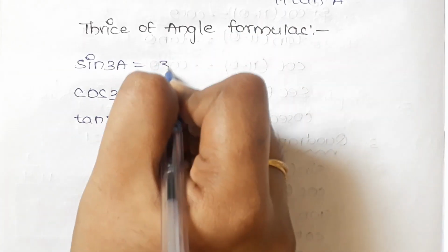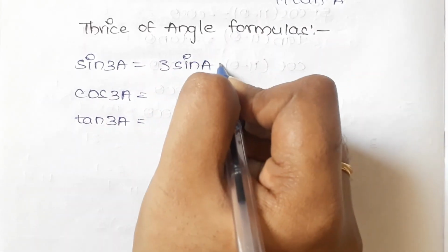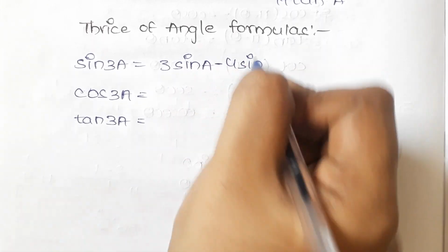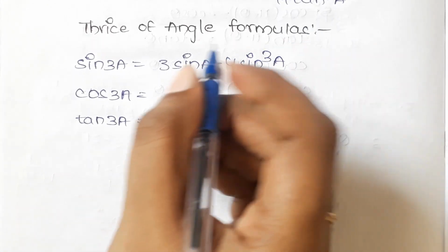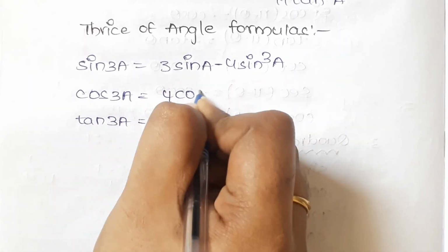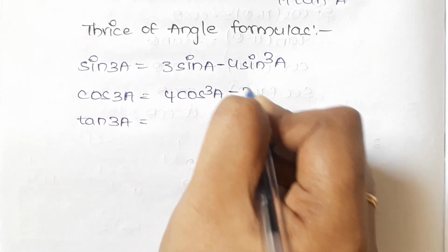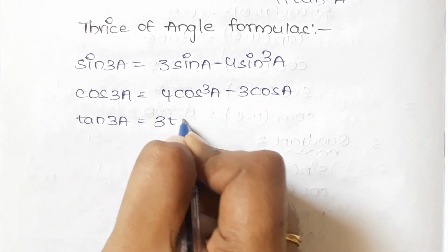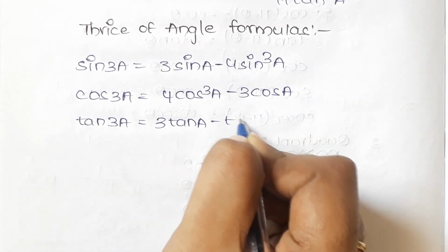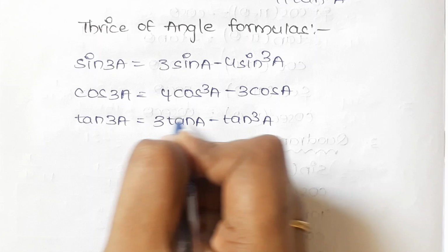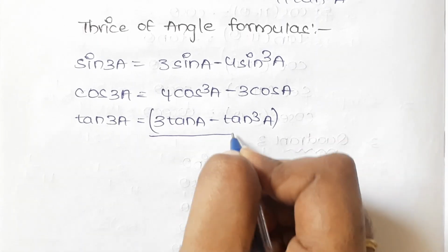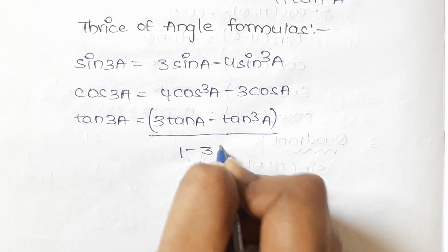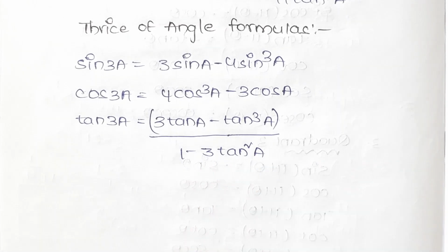Sin 3a is nothing but 3 sin a minus 4 sin cube a, and cos 3a is nothing but 4 cos cube a minus 3 cos a, and finally tan 3a is nothing but 3 tan a minus tan cube a divided by 1 minus 3 tan square a. These are the thrice angle formulas for sin, cos and tan.